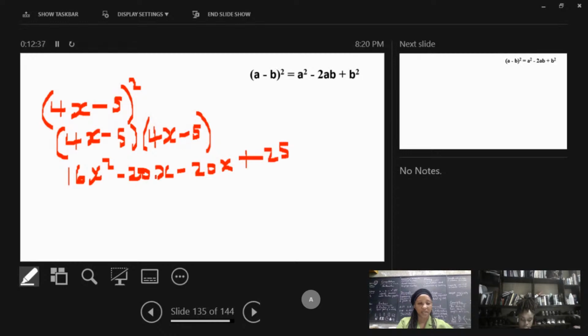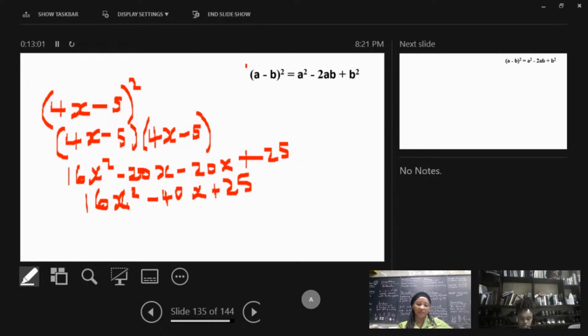So simplifying in the middle, so we're right back to the 16x squared minus 20 minus 20 is minus 40x, and we have 25. So let's look and see if it really does follow the pattern.